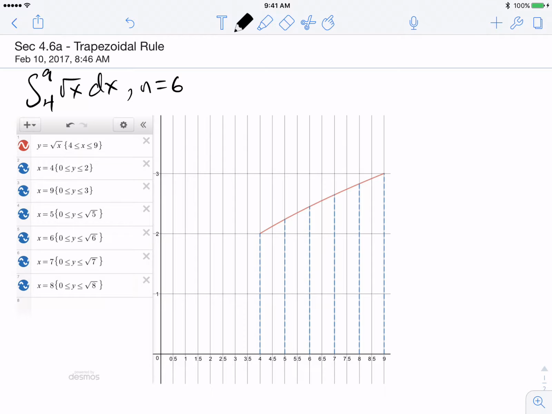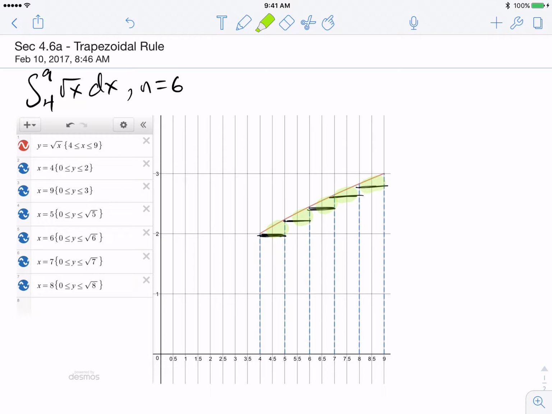Instead of taking these subdivisions and cutting them into rectangles, like if you recall, this is the left-hand rule. This left-hand rule left a whole bunch of area that was under the curve, but we weren't using it as part of the area.